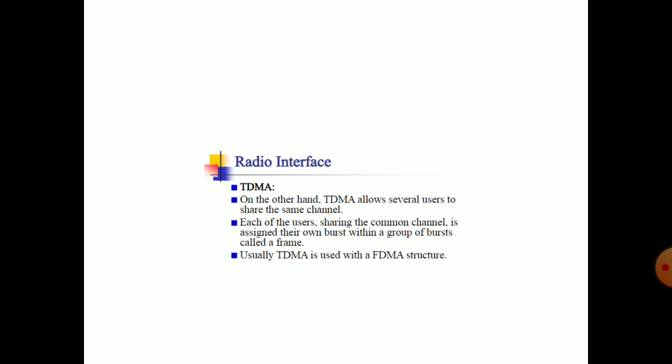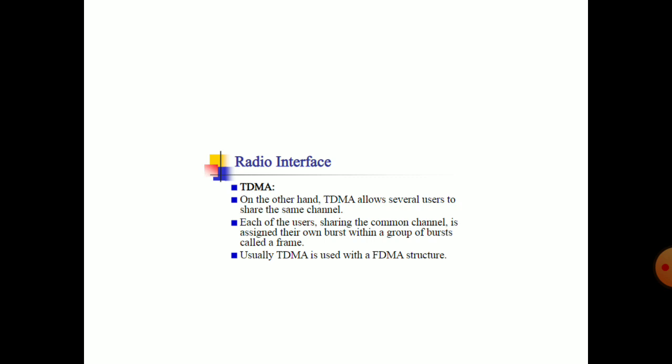Why is TDMA adopted by GSM? It mainly shares a common channel among the users, and each user is assigned their own burst within a group of bursts, which is called a frame.